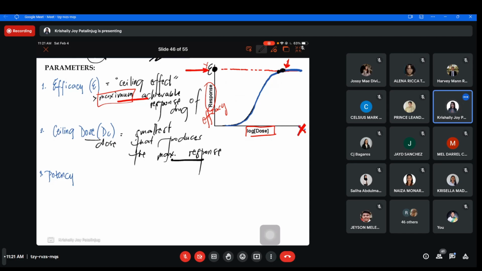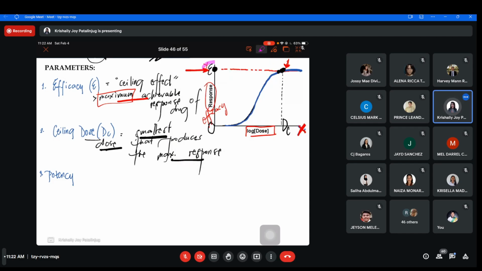This is the maximum response, and we're talking about the smallest dose, so the one closest to zero. Okay? So you plot it down. This will be the ceiling dose of the drug.